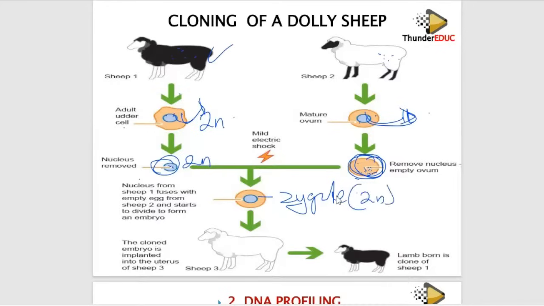So if they ask you how many chromosomes are here, if they say the sheep has 24, therefore it's going to be 24, or 2N. Now, which method do we use? We also ask you about the method: mild electric shock. Then you have here the foster mother.